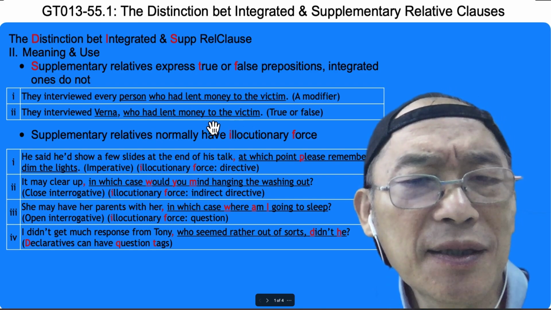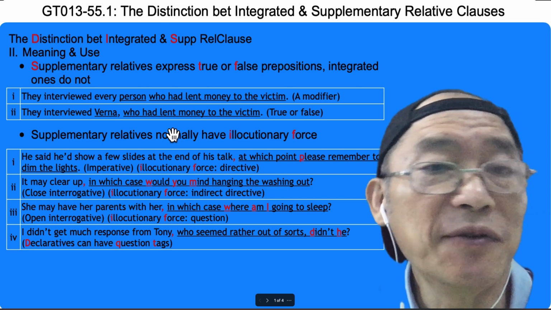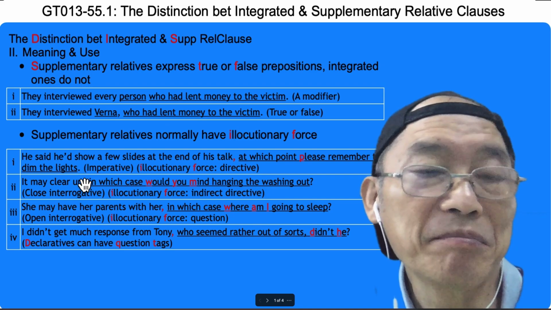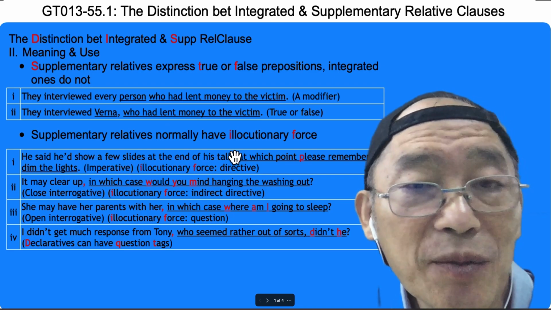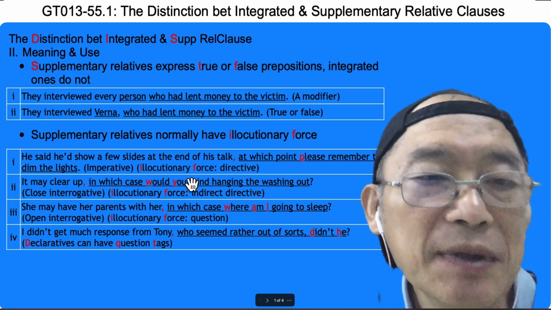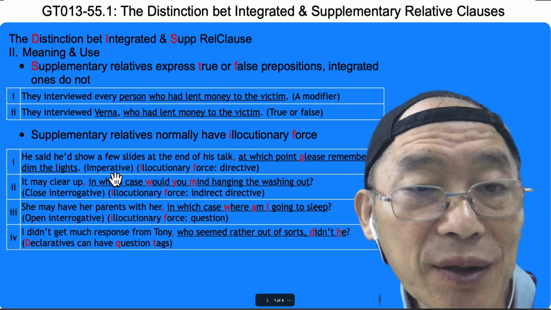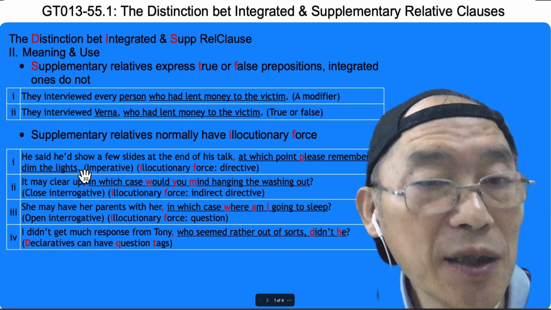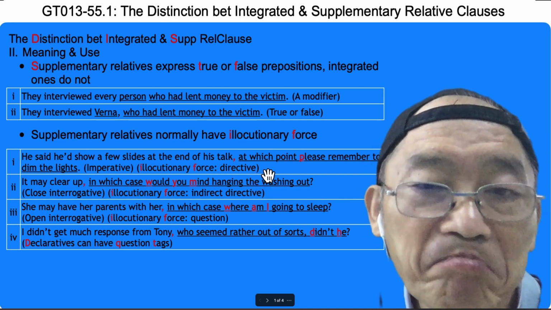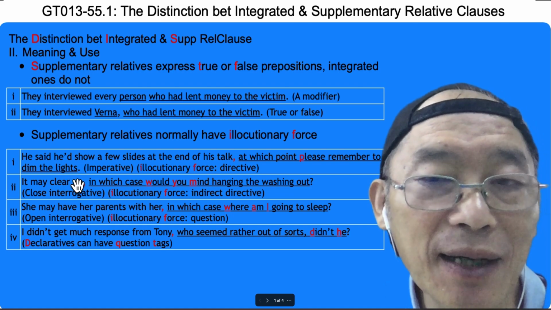So this just gives extra true or false information, and it's not that important. Supplementary relatives normally have illocutionary force. Let's check. He said he would show a few slides at the end of the talk, at which point, please remember to dim the lights.